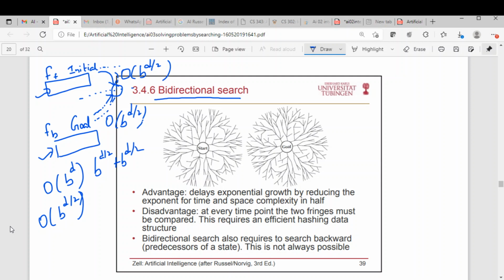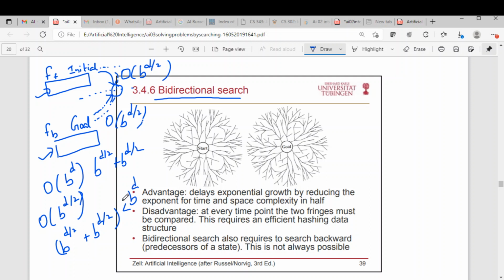But when we mention time complexity, it is a factor of b to the power d by 2, so we just mention order of b to the power d by 2. The point is that b to the power d by 2 plus b to the power d by 2 is very much lesser than b to the power d.